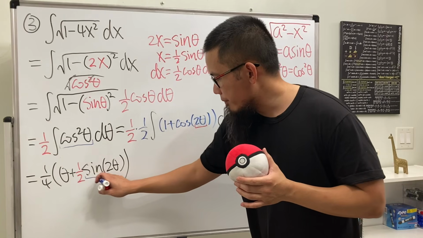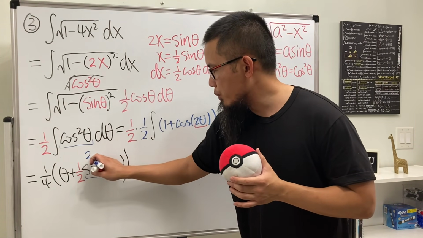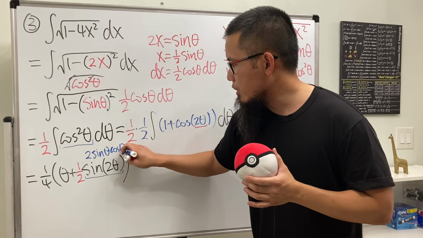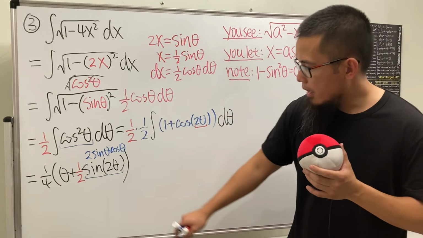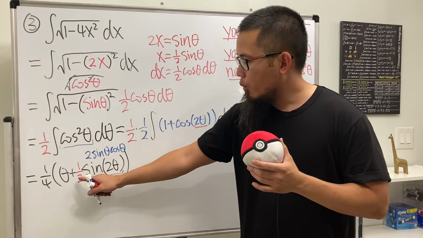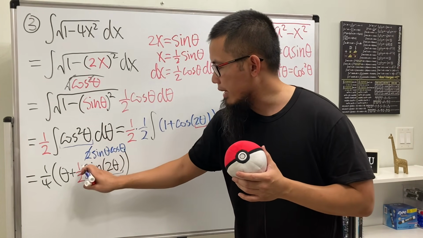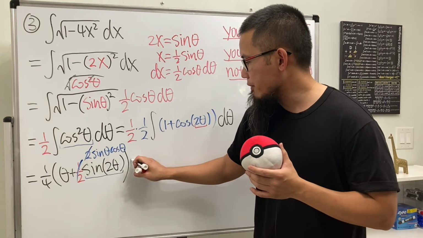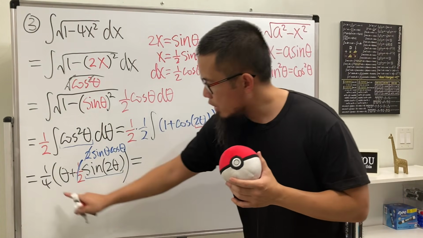This part right here is the same as 2 times sine theta and cosine theta. And you see here we have the 1/2, because 1/2 times this 2, well, they cancel each other out.